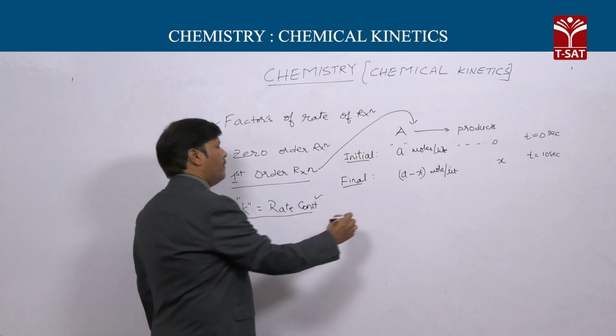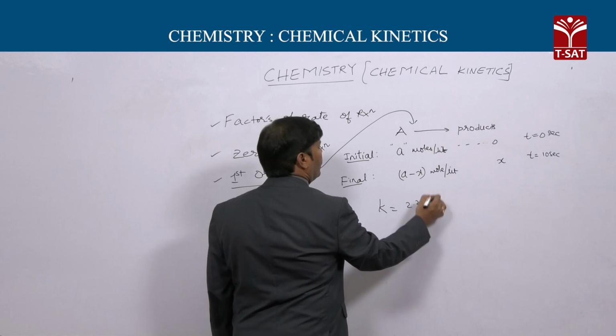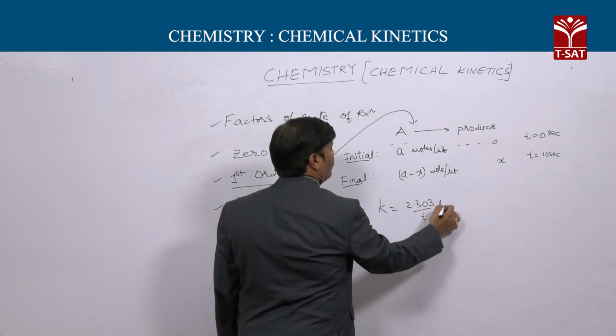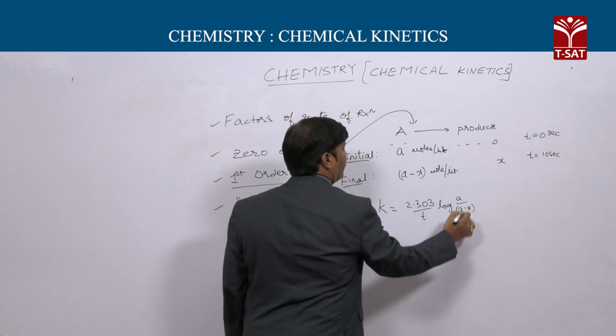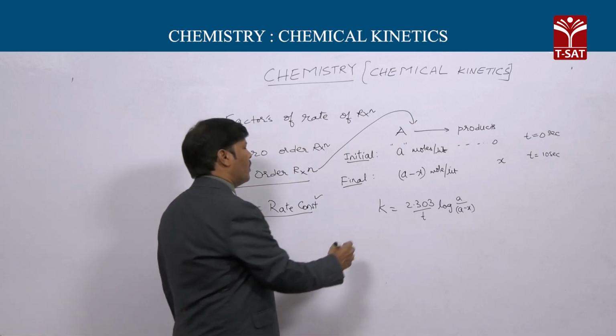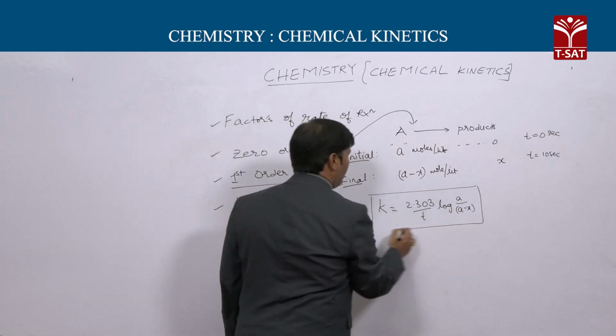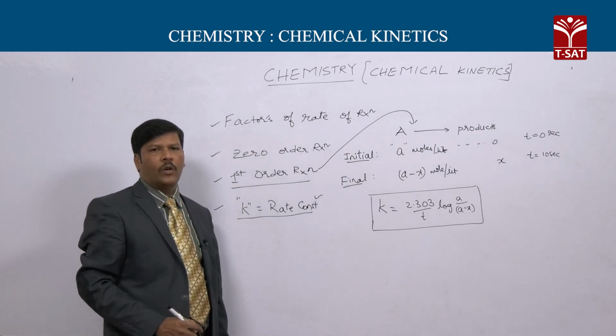So, K is equal to 2.303 by T of log A by A minus X. This is the mathematical expression we use for calculating the first order reaction.